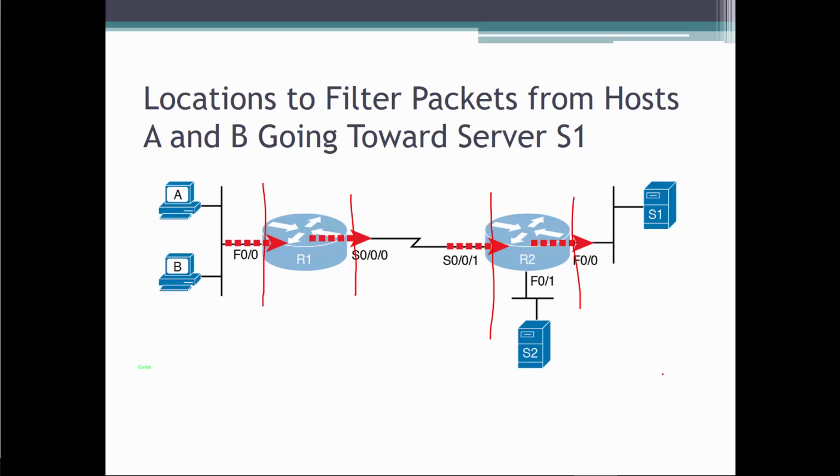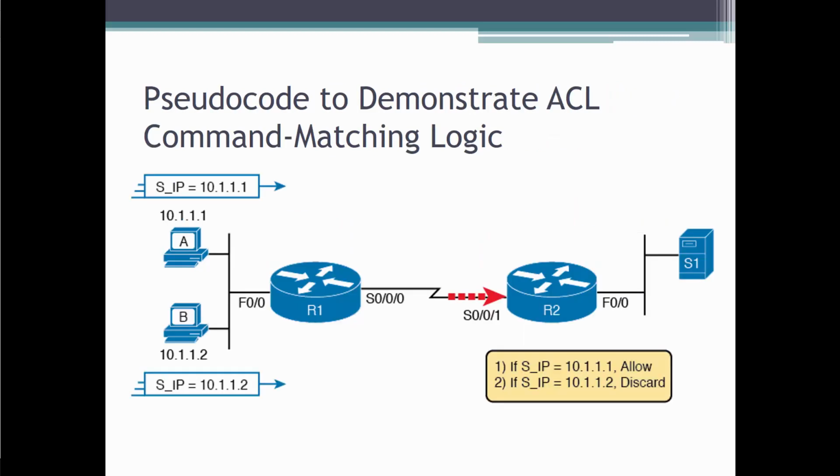When we're working with standard ACLs, we should apply the ACL on the router nearest our destination. So we should apply it on R2, probably on this interface right here, because standard ACLs go nearest the destination, whereas an extended ACL goes closest to the source.